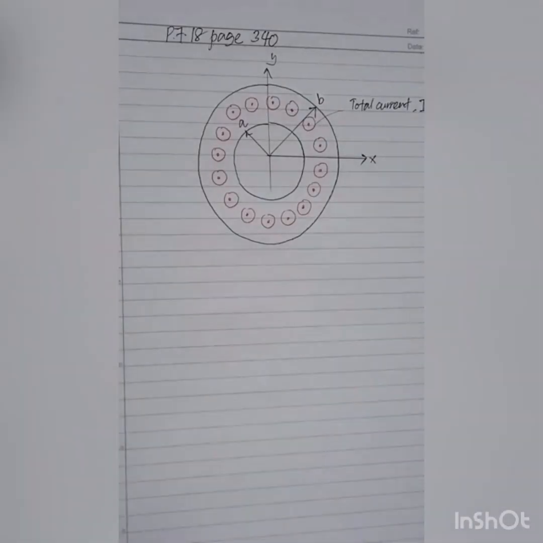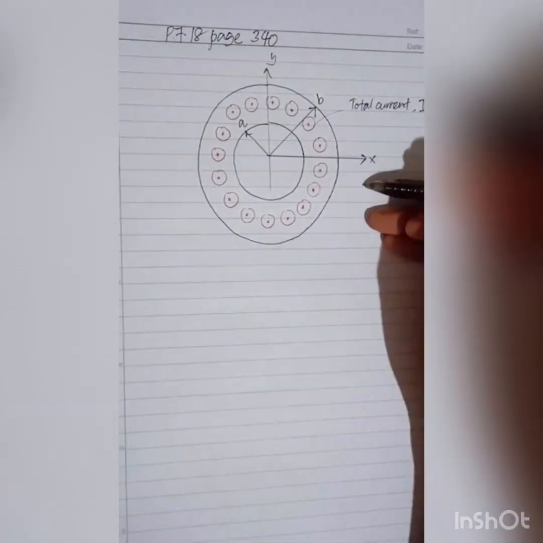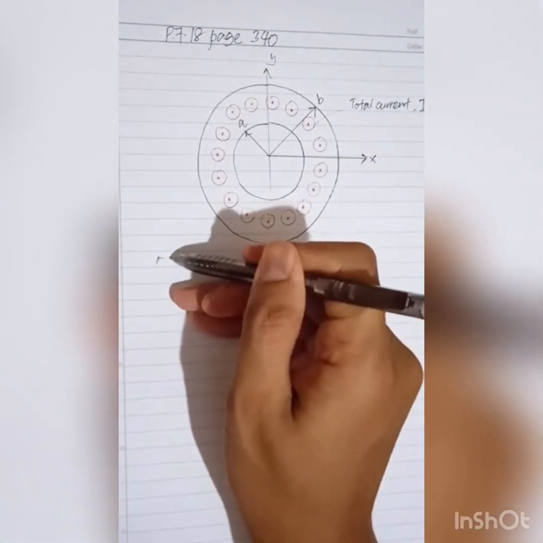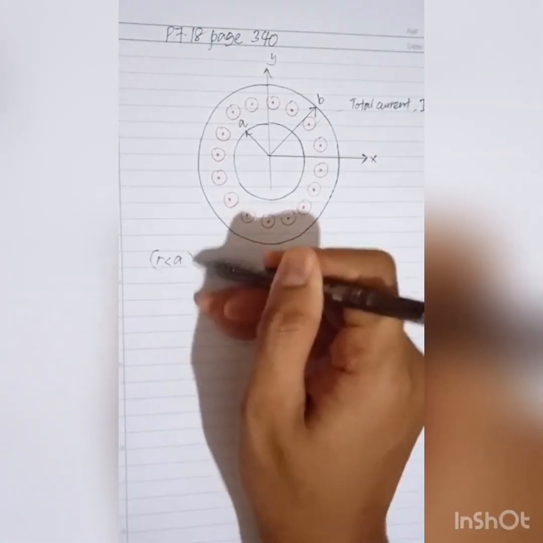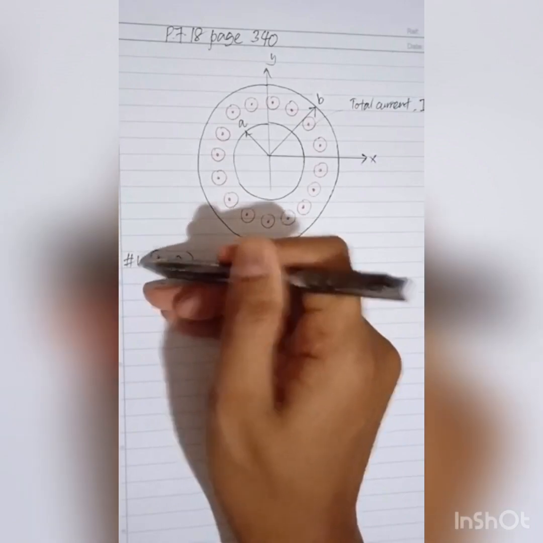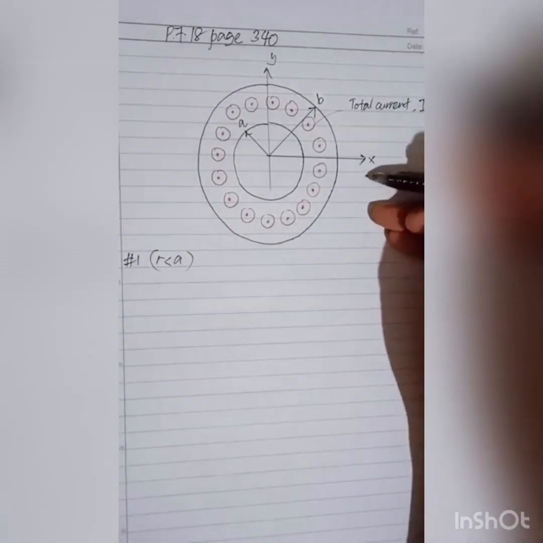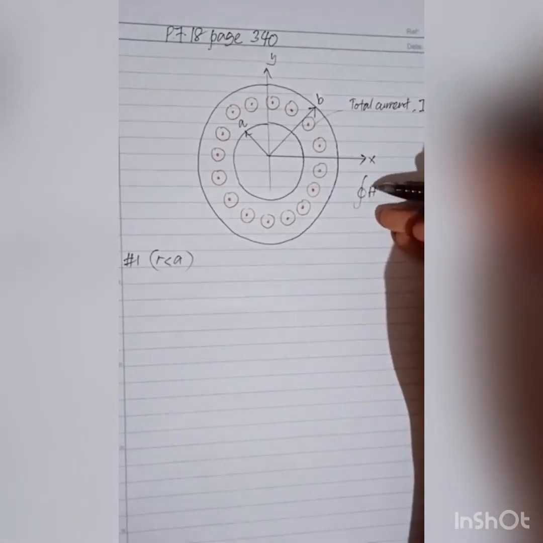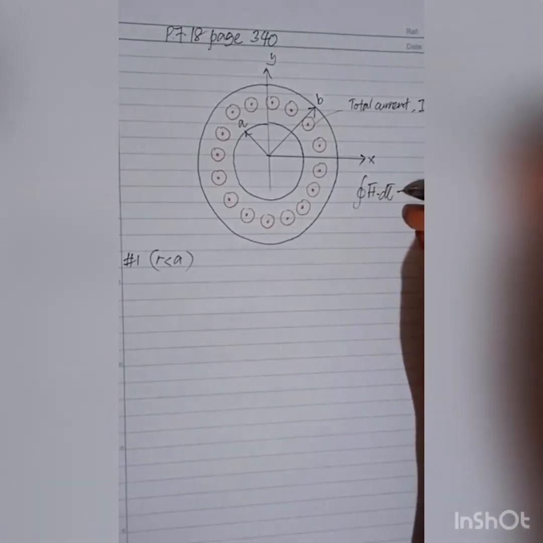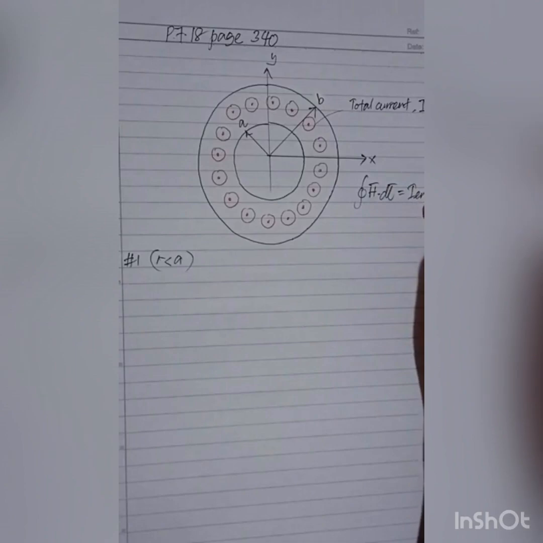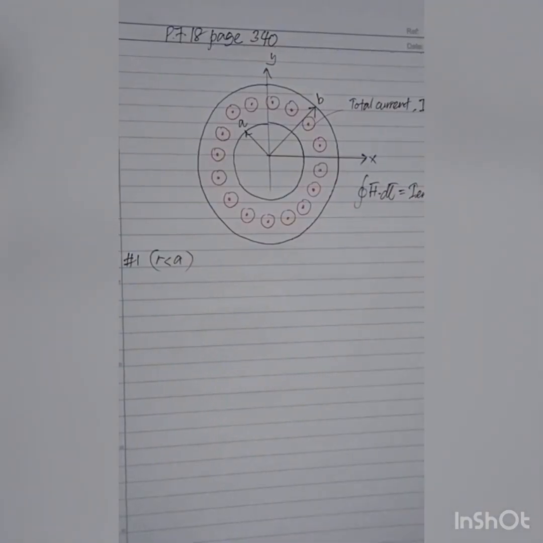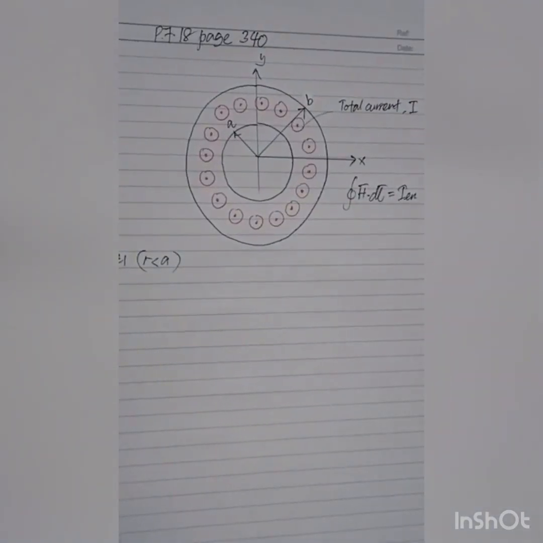Alright, let's look at the first region, the case of R less than A. To apply ACL, which is the closed integral of H dot dl equal to I enclosed, let's decide on any point within this region.